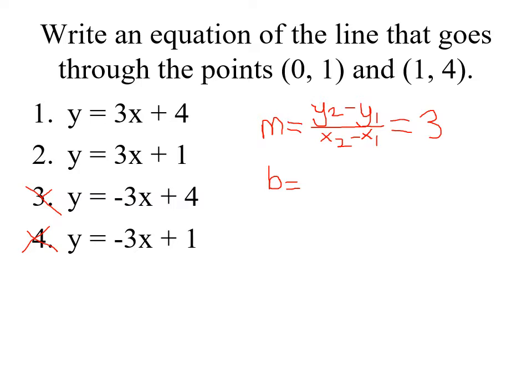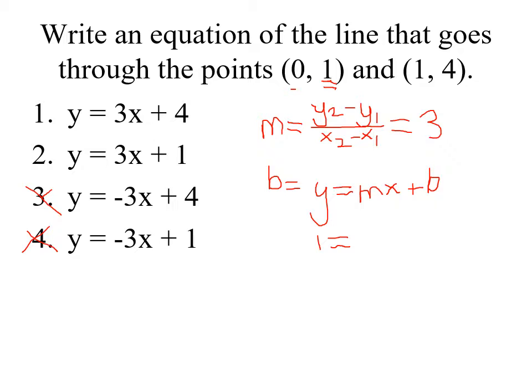I'm going to pick (0, 1). So to find b, we use y equals mx plus b. We're going to pick one point to put into here and put our slope and then solve for b. So I'm going to use 1. Remember, y is the second term right here.